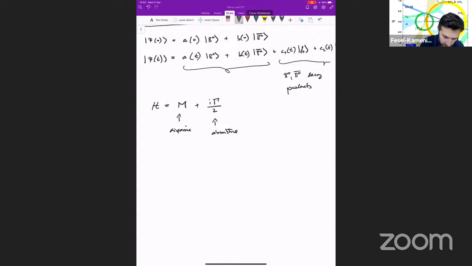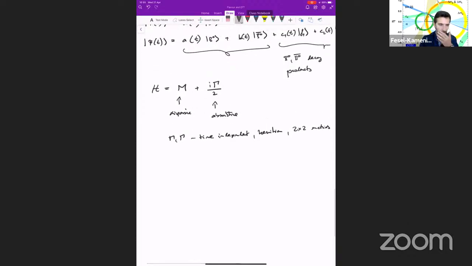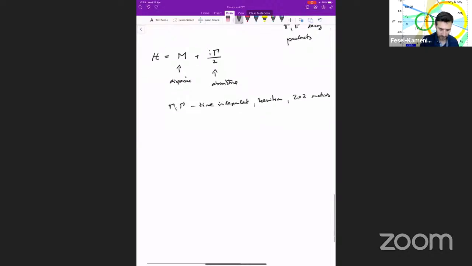Now, in this parameterization of the Hamiltonian describing the time evolution of the B naught and B naught bar system, M and gamma are time-independent Hermitian 2x2 matrices. And they parameterize the time evolution of the B naught and B naught bar system in full generality.